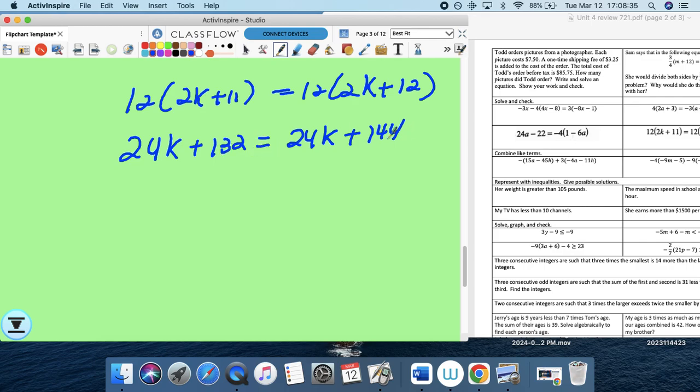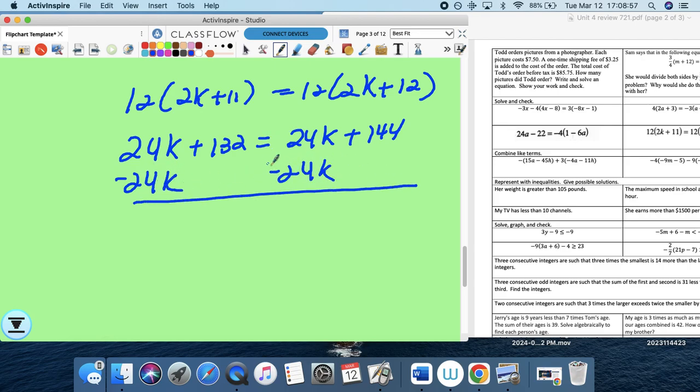On the right side, I'm going to add 144. Minus 24k, minus 24k, and again, this becomes a problem similar to the one we did. You'll notice that we get 132 equals 144, and that's never going to be true, right? So this is, again, a no solution.